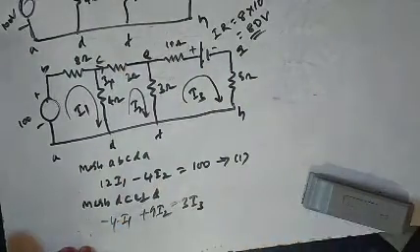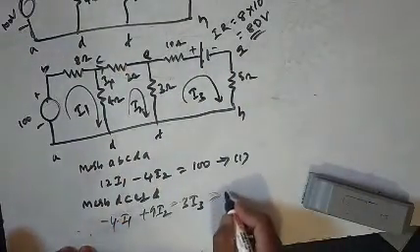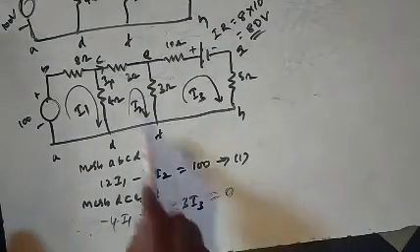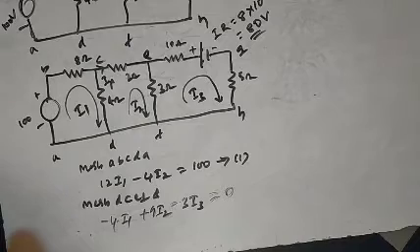In this second mesh there is no voltage source, so it is equal to 0.